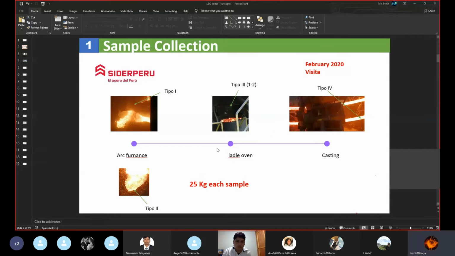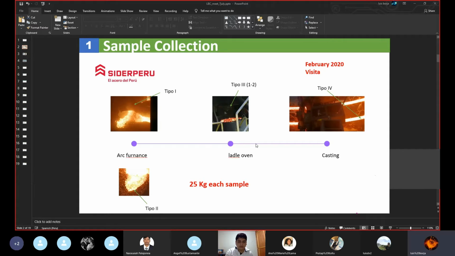In this part they make the reduction samples, trying to reduce the other compounds that in some way affect the final structure of the steel, like phosphorus, sulfur, silicon, calcium. This is the reduction of these compounds, and they try to elevate the content of iron oxide and carbon.